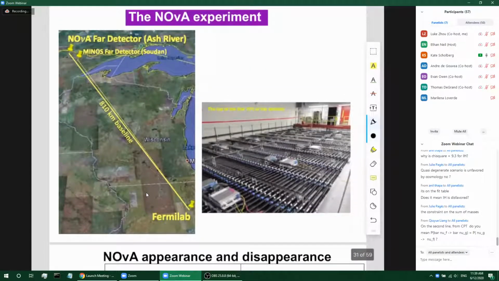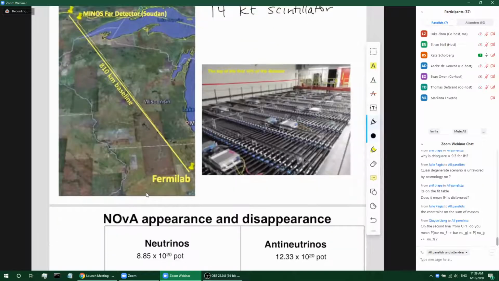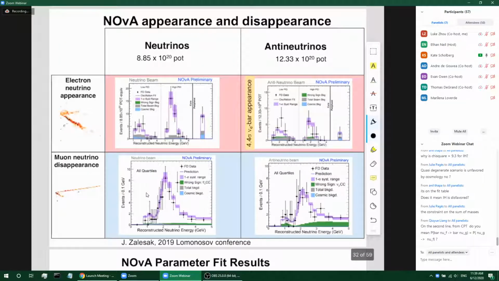There's also NOvA, which is in the US, which has a different kind of detector. It's a 14 kiloton scintillating tracker, and it's at 810 kilometers of baseline in the US, in Minnesota. And so here are the NOvA appearance and disappearance plots. There they're looking, instead of a ring, at tracks.